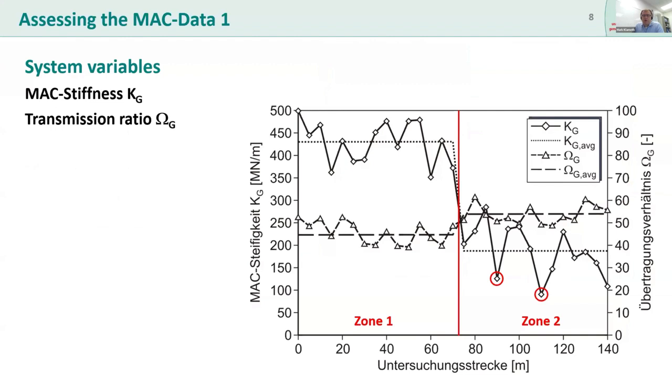So in this example, you can see that in the first half of the sewer, you have quite a high, don't know if you can see the mouse pointer here, you have quite a high max stiffness, while it's dropping down suddenly in the second half. So you can split this up into zone 1 and zone 2, while zone 2, even though it does not look any different, apparently is weaker in response than zone 1.